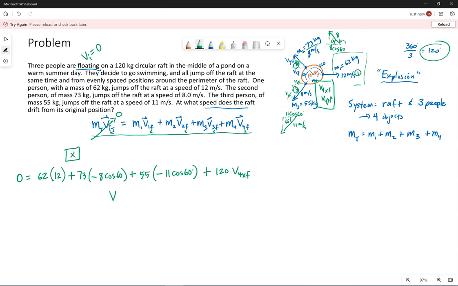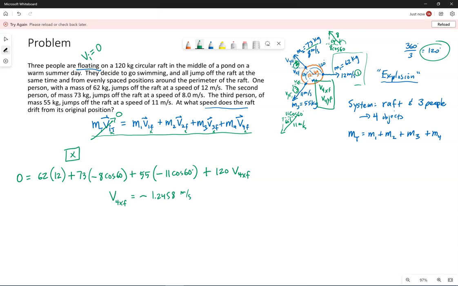Well, we have everything except for this x component of velocity finally, so let's see what we get. So let's see. I'm just going to plug everything in. So I'm getting negative 1.2458 meters per second.